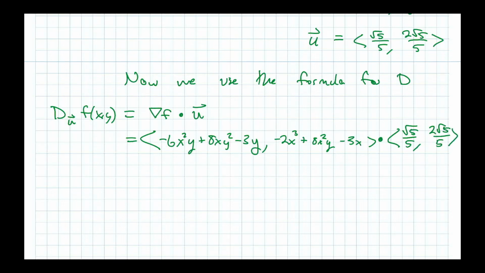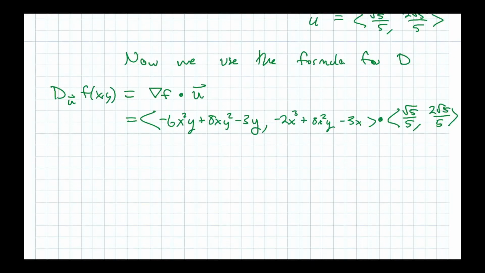So how are you going to do this? Well, there's not a lot to it. You're doing the dot product. So you multiply first component by first component, second component by second component, and you add them. Really, there's nothing difficult here. You're just writing out a lot of stuff.